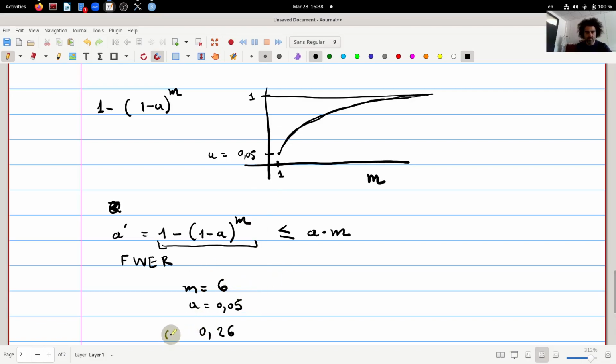So this is the alpha prime, while this quantity here will be 0.05 multiplied by 6, which is 0.3. So definitely this is greater than this value here.